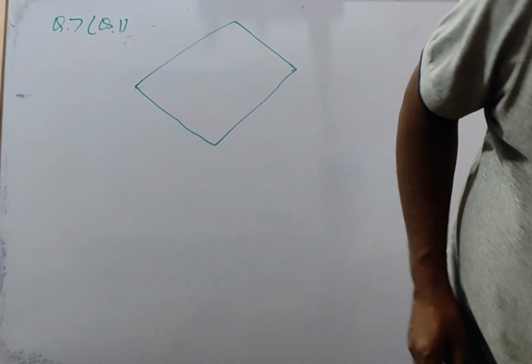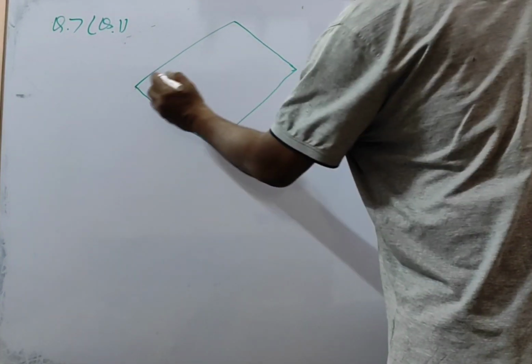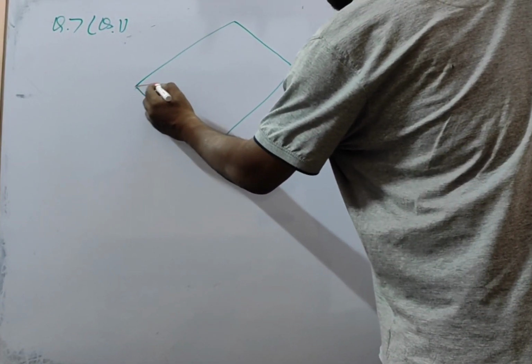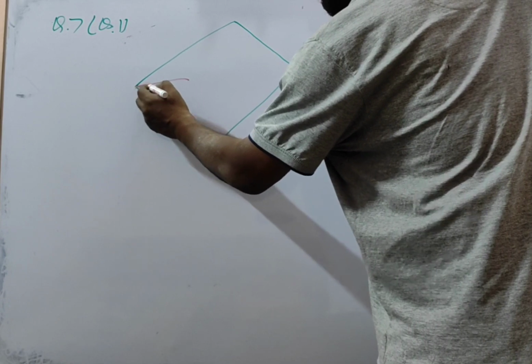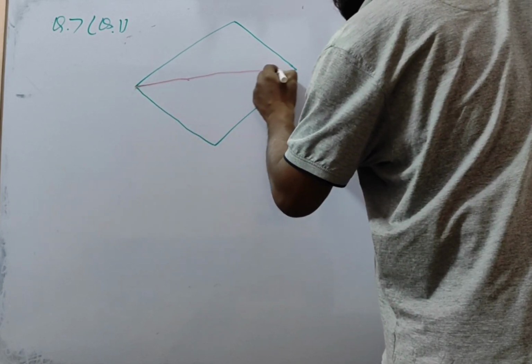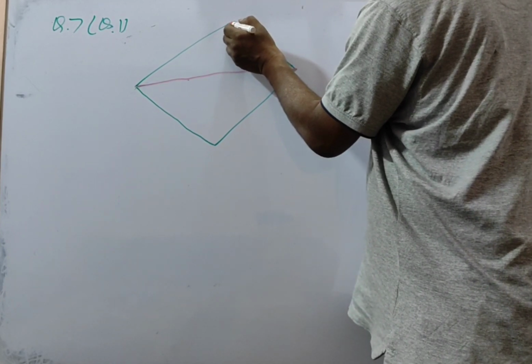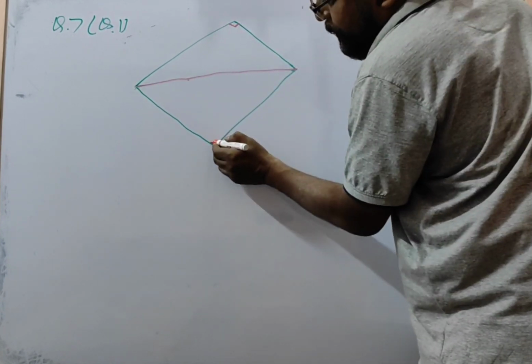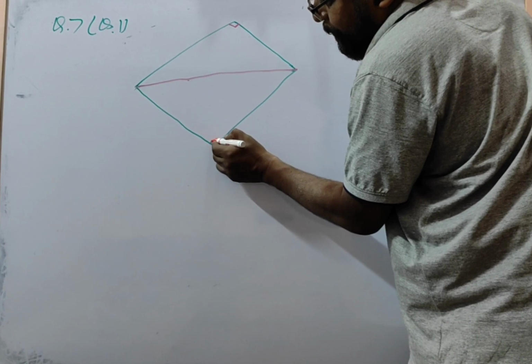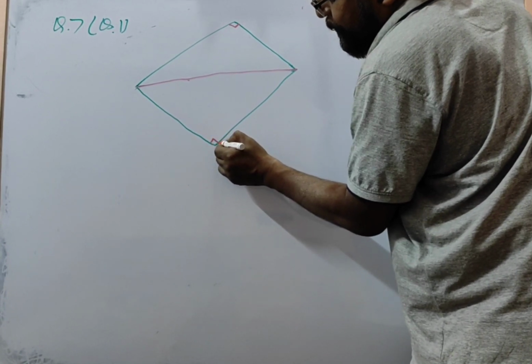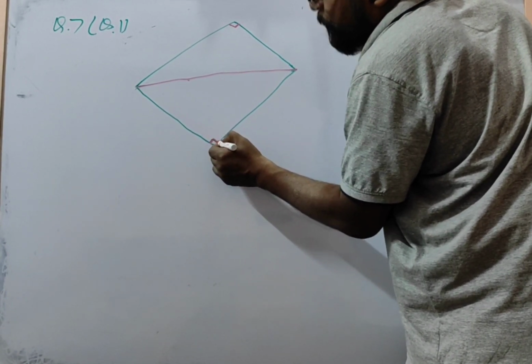There is a line, this is the diagonal, which divides it into two right angles. This is also 90 degree, this is also 90 degree.